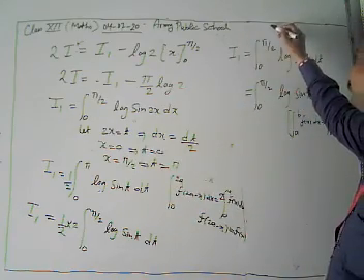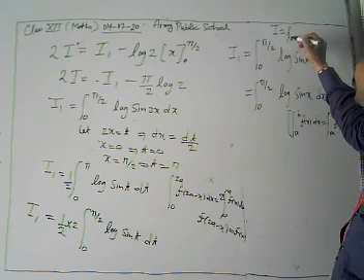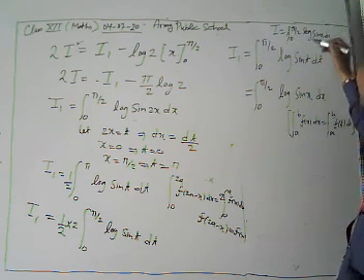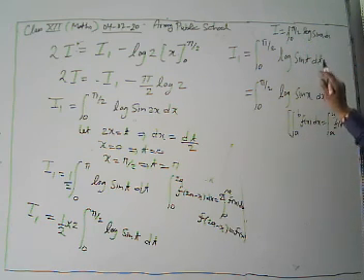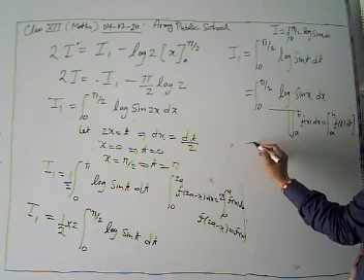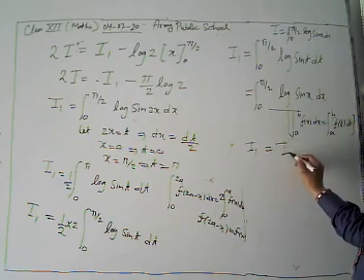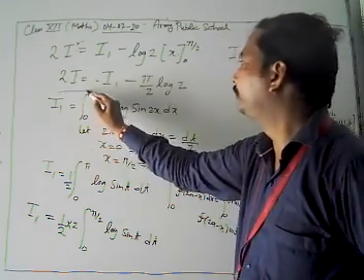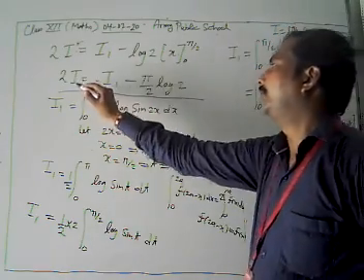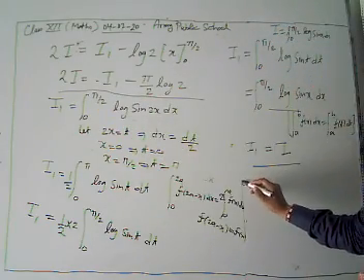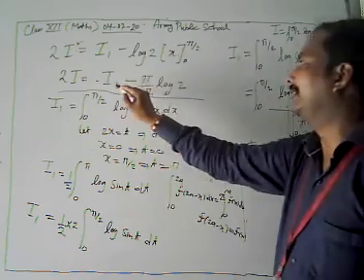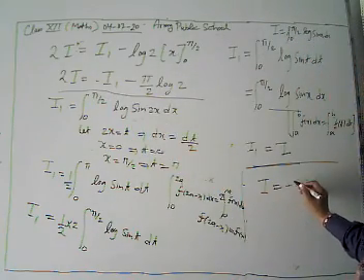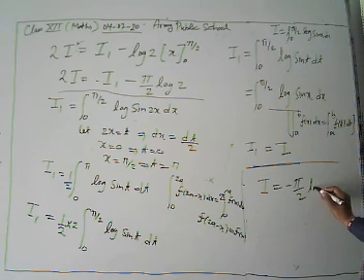In the starting, we supposed that I is equal to 0 to pi by 2 log sin x dx. Look, this is our I, then our I1 is equal to I. Now we are going to put the value there, I1 equal to I, then 2I minus I, we have I equal to minus pi by 2 log 2.